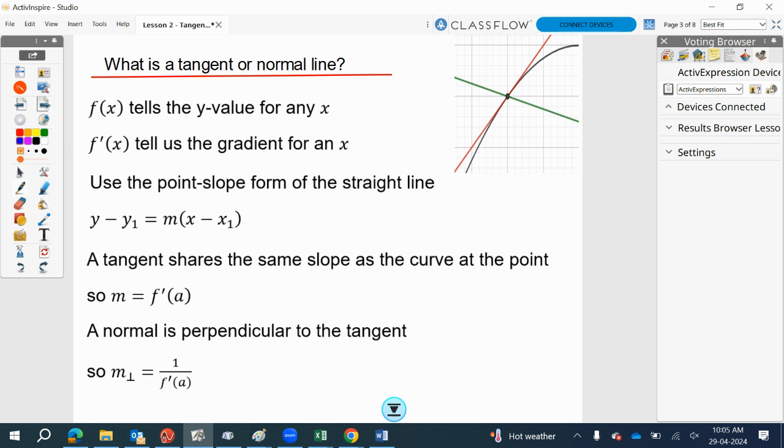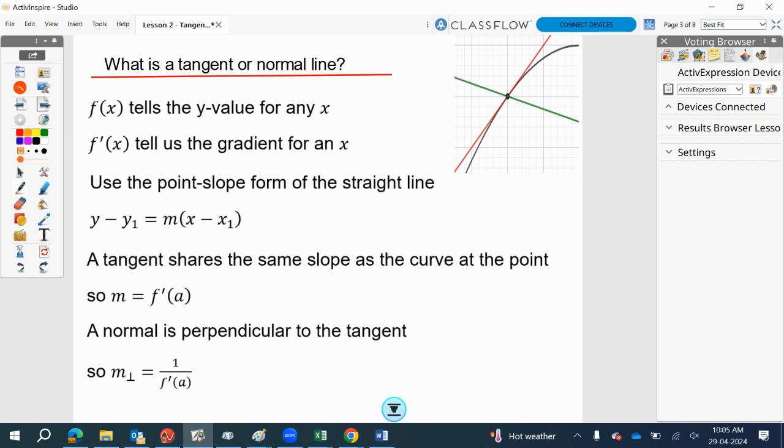All right. What we're going to look at today is finding tangents and normals. Some key points to remember: f of x tells us the y value for any x. If we look at this curve, the black line drawn here is the curve.